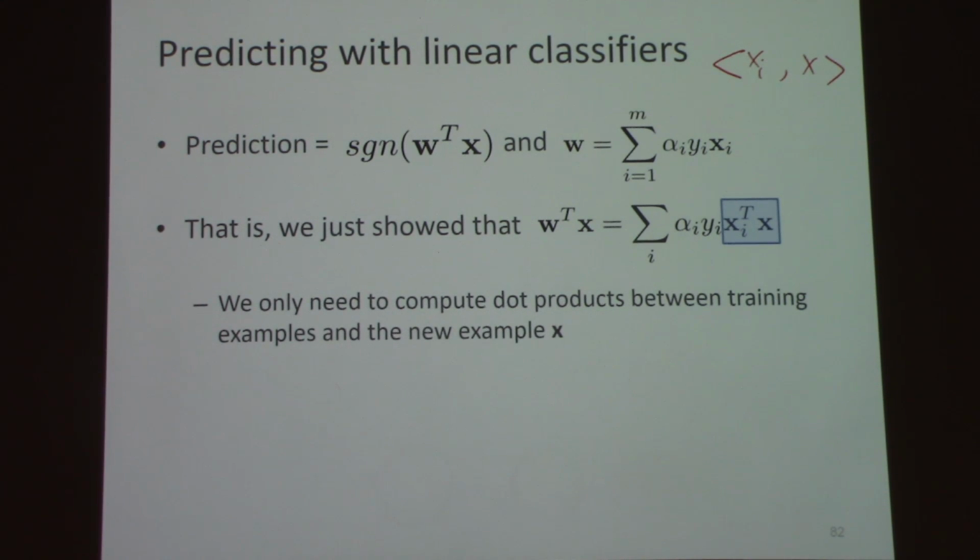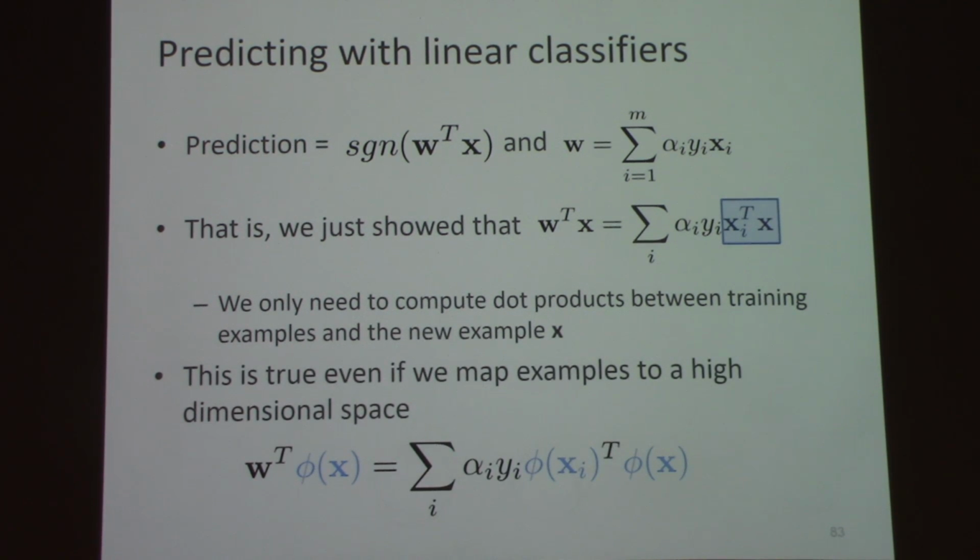But who said that the inputs should be in the original space? The inputs could have been in the blown up space as well. I'm still computing dot products. Everything in this analysis would have been true if I just replaced Xi by some feature transformation phi of X. If I transform the features to some space defined by phi, I still need to do the same thing.